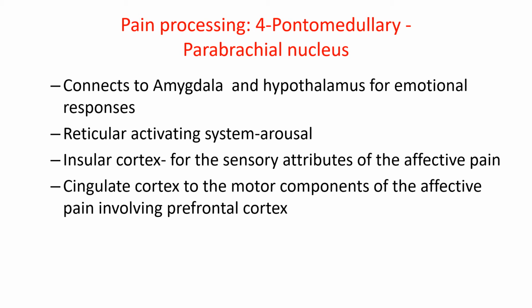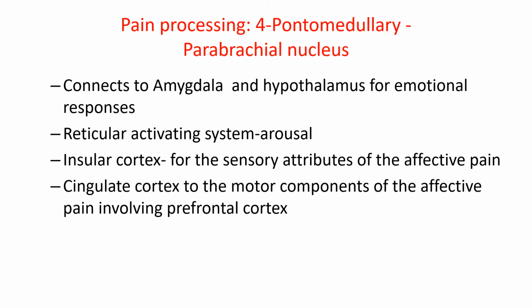These parabrachial neurons also give collaterals to the reticular system that would again pass on to the arousal response. From the amygdala, the fibers reach the insular cortex. The insular cortex has the sensory attributes of the affective pain.